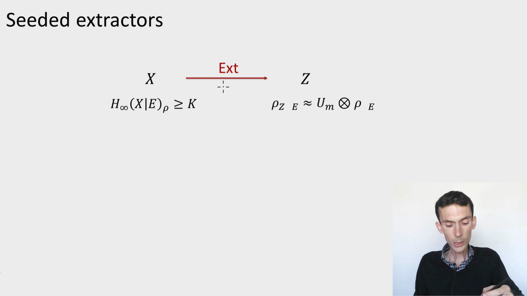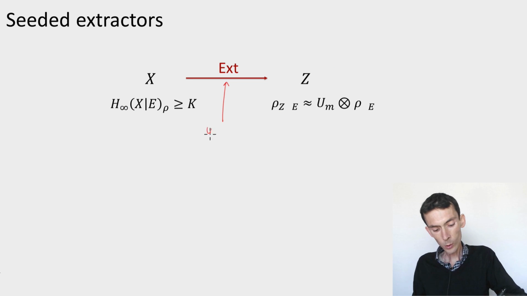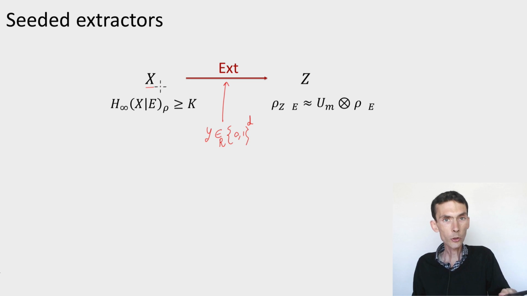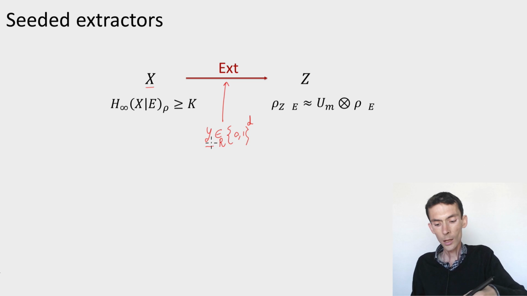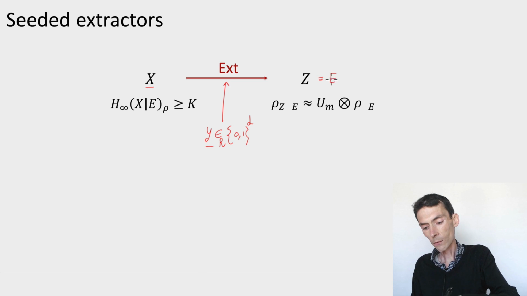So let's see the role of the seed. It's usually going to be called Y, and this will be a random variable distributed in {0,1}^d, so we'll have d bits of seed, and this seed will always be uniformly random. And then the extractor takes as input X, which is partially random conditional on the side information, and Y, which is uniformly random, independent from the side information, and produces Z, which is now defined as Ext(X, Y).